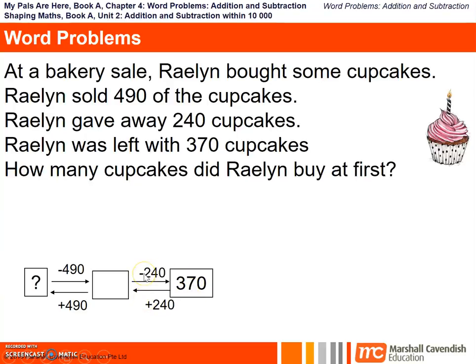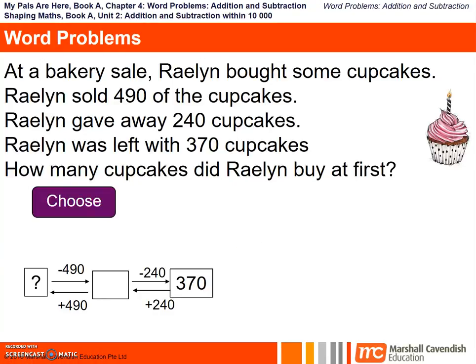So when you subtract 240 earlier, now going backwards, you will add 240. And whatever answer that you get here, you will add with 490 to finally find out how many cupcakes she had at first. So that completes our working backwards diagram.